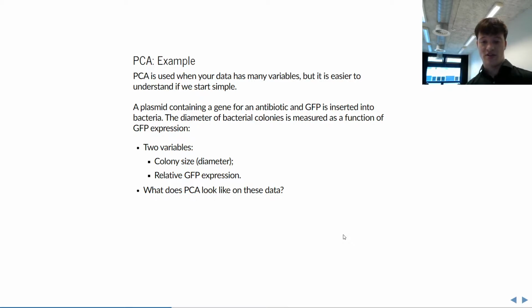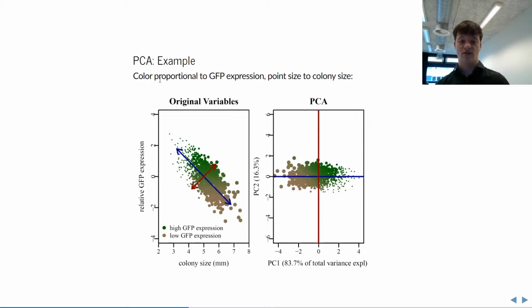So let's see what PCA looks like. Here's our original data set, and apparently the more GFP is being expressed, maybe this costs a lot of energy, it causes the colony size to be small, because here we are on the left of this axis, the colony size, and here we are at high GFP expression, here we are at relatively low GFP expression.